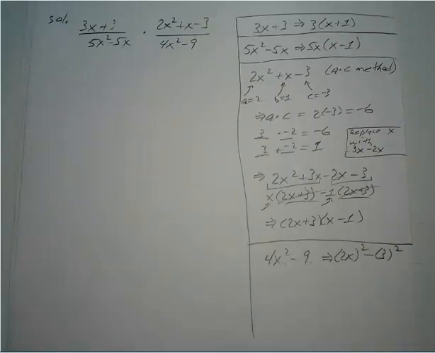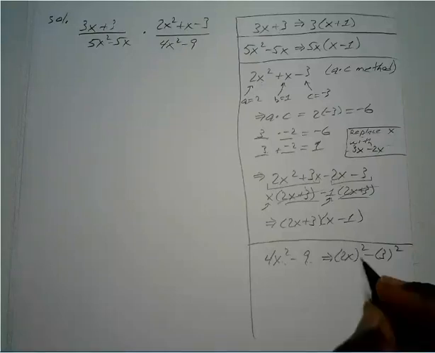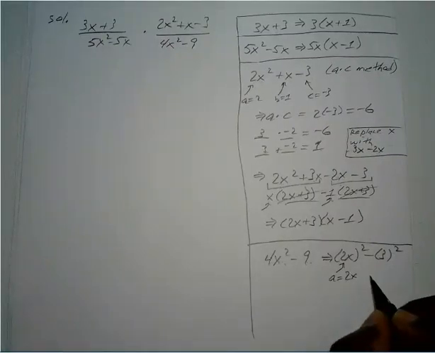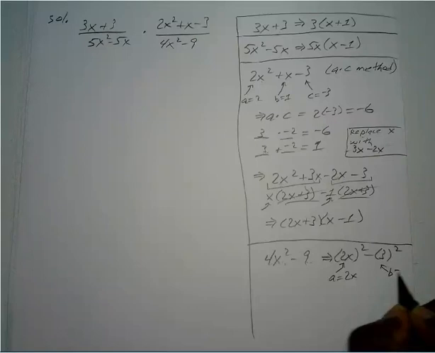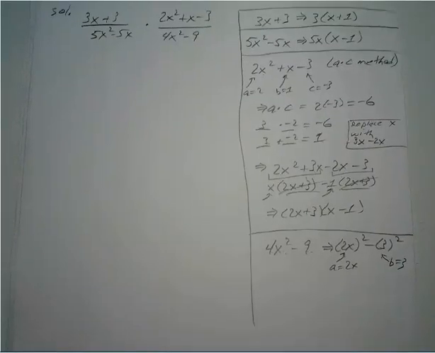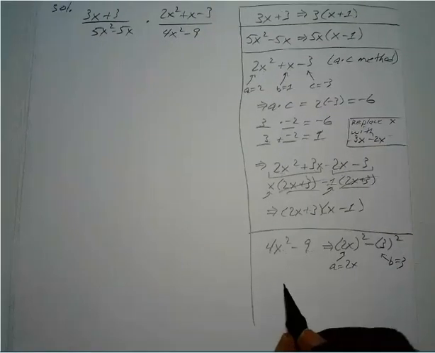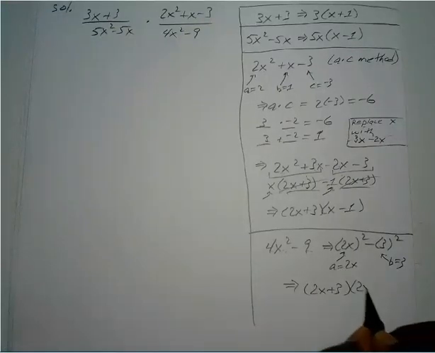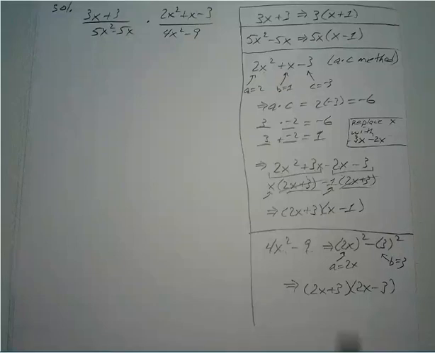Alright, so that gives us our A and B, because if you look at it, our A is equal to 2x, and our B is equal to 3. So our A plus B, A minus B, gives us 2x plus 3 times 2x minus 3. Okay, so that's all of our factoring.